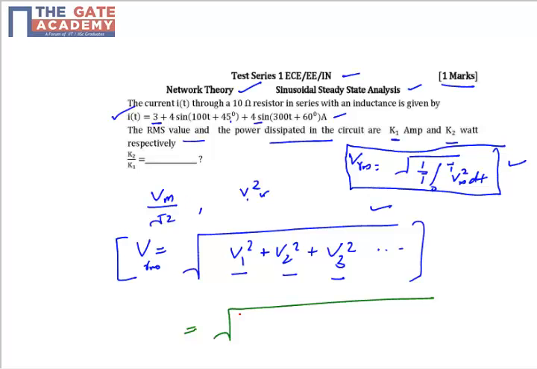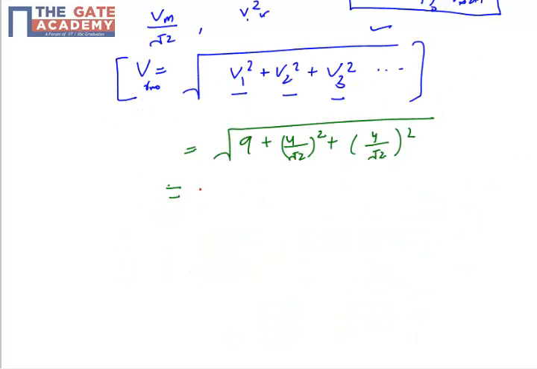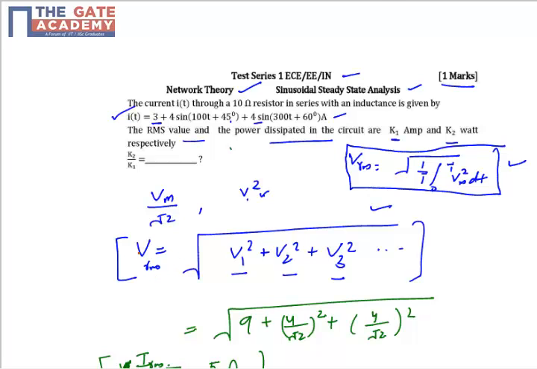So for this, 3 squared is 9, plus the second term is 4 by root 2 whole square, and the third is 4 by root 2 again whole square. So the value comes out as 5 ampere. So the RMS value of the voltage of this system is, sorry, we are calculating the RMS value of the current here, and I have taken the voltage expression everywhere.